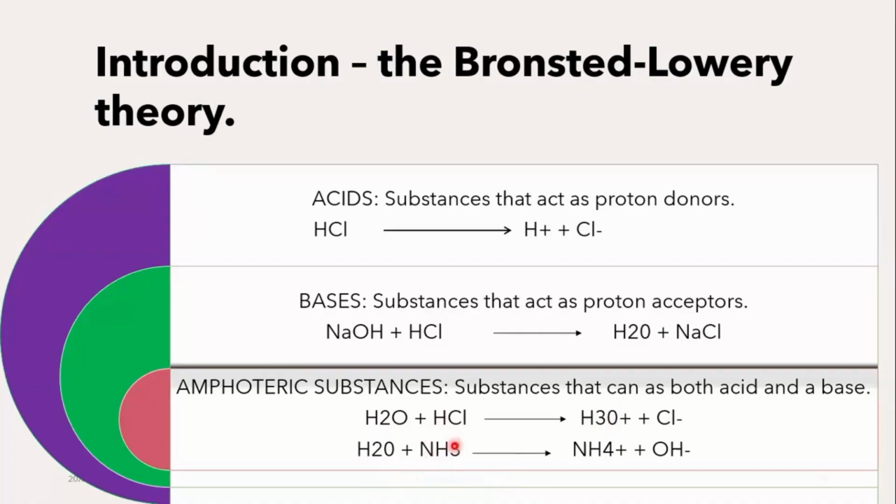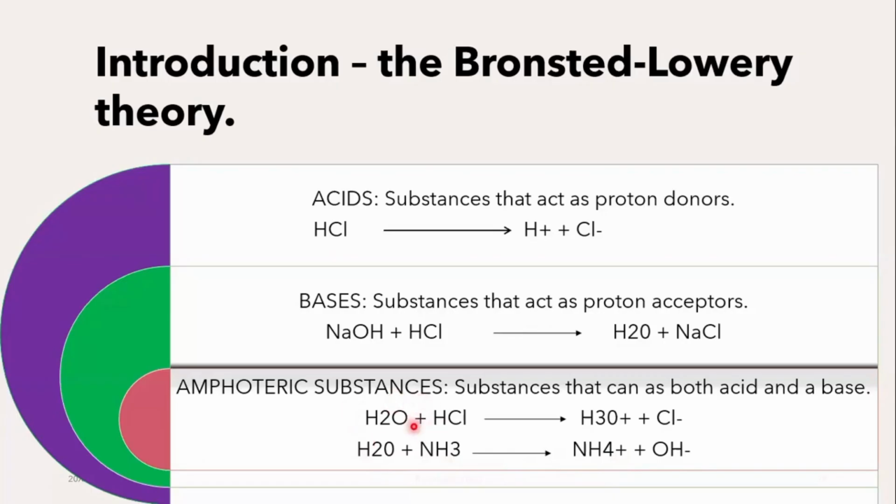Now what is going to happen? Look, water has donated its hydrogen ion to ammonia and now it is OH minus. The H plus is gone. That H plus has now gone to ammonia and ammonia has gotten a positive charge. It's gone from being NH3 to NH4 plus, from ammonia to ammonium ion.